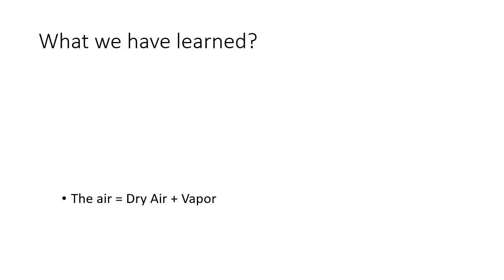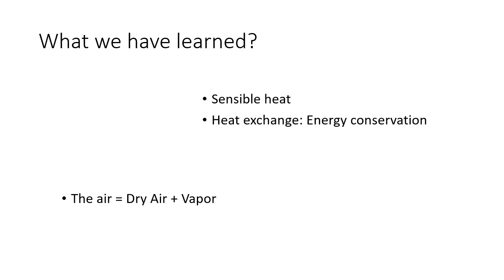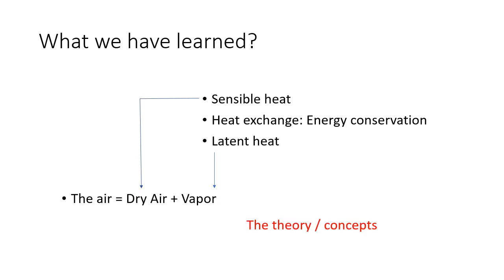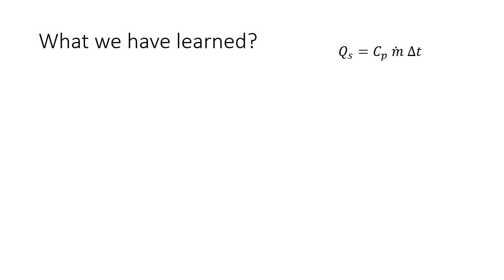Now let's look at this individually. We look at room air as a mixture of dry air and vapor. So therefore, we look at sensible heat, the heat exchanger, and the latent heat. The sensible heat is for the dry air and the latent heat is for the vapor. Okay, so now let's see how we calculate sensible heat.